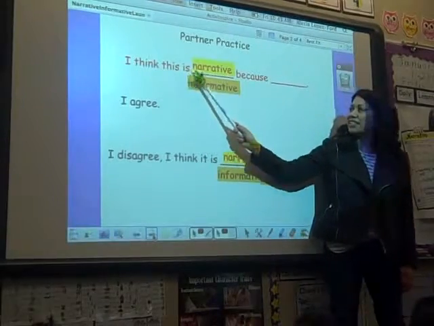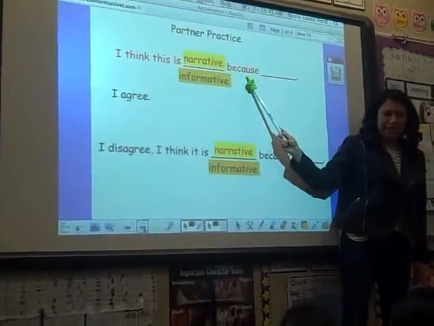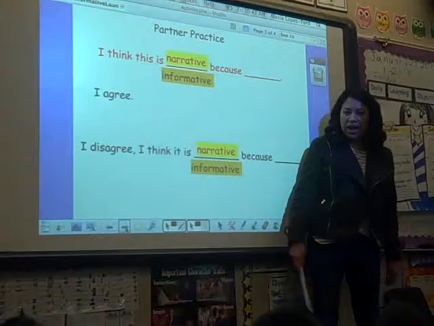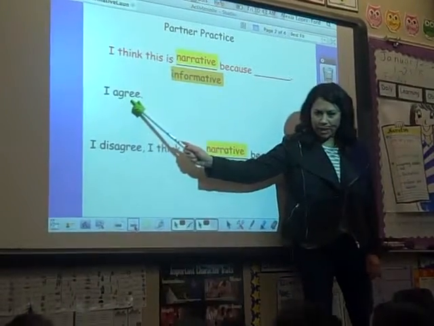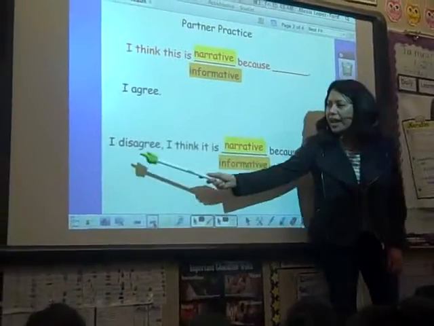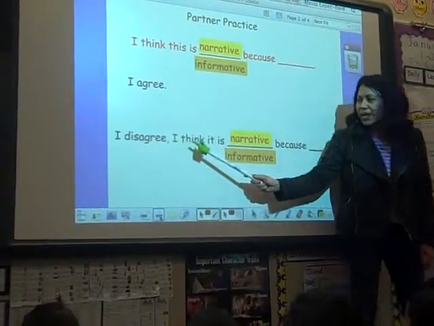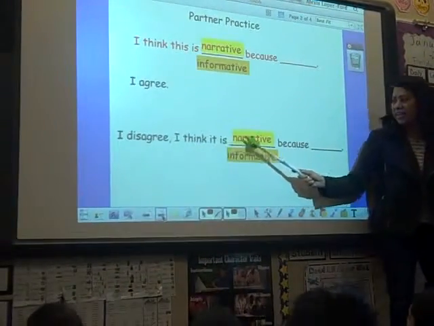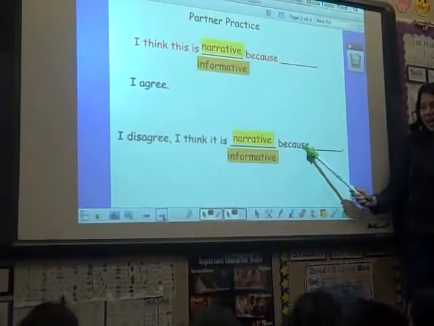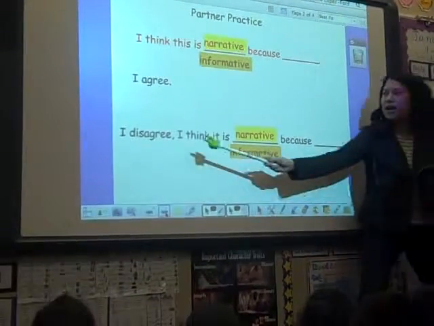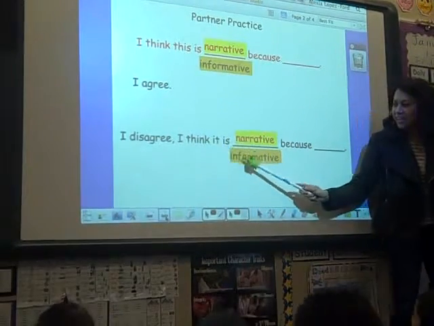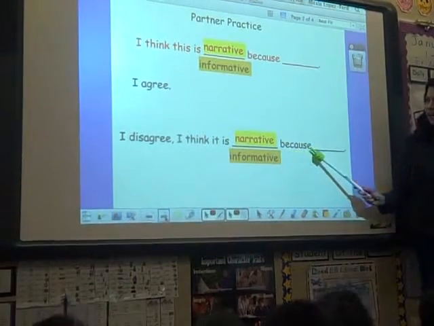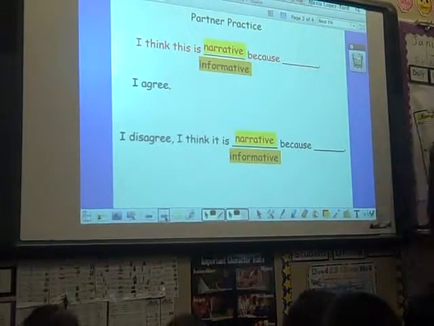I think this is informative because... Then you say, I agree, but if you don't agree, you say, I disagree. I think it is informative because, blank. Okay?